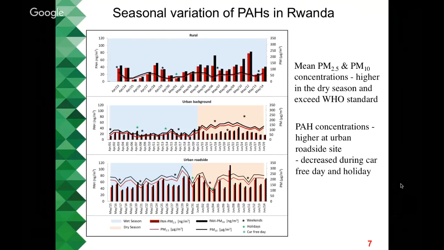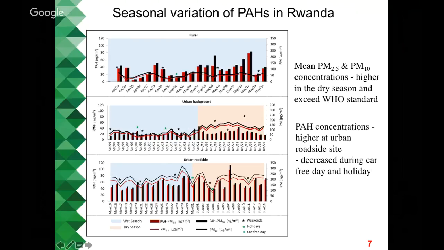So what I found here, the 24-hour mean concentration of PM 2.5 and PM 10 exceed the World Health Organization standard. If you look, which is 25 micrograms per cubic meter for PM 2.5, you can see how all of the sites exceed this standard.